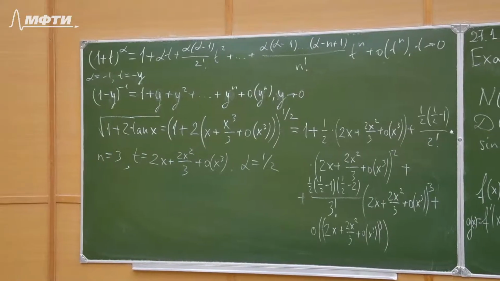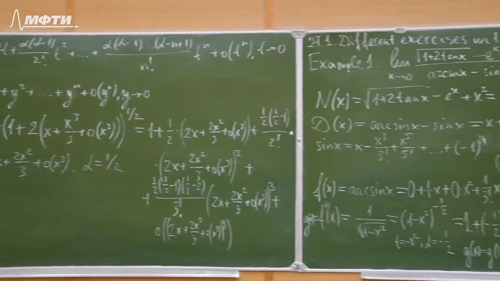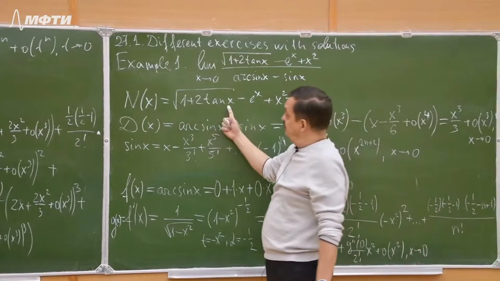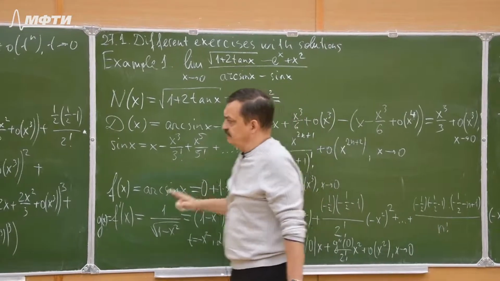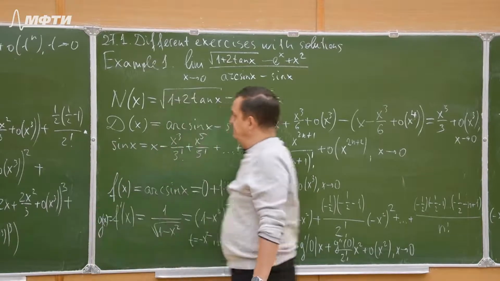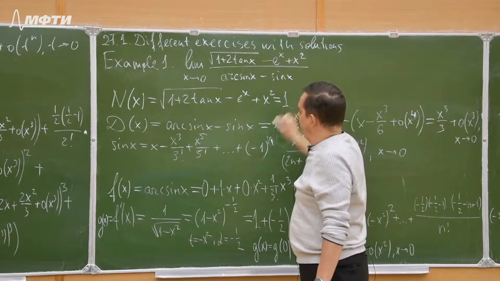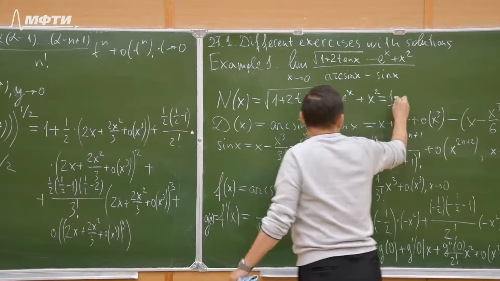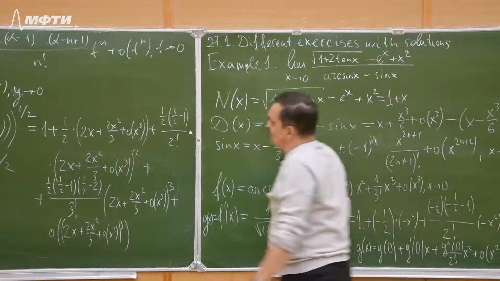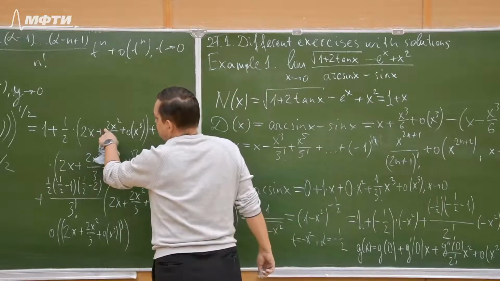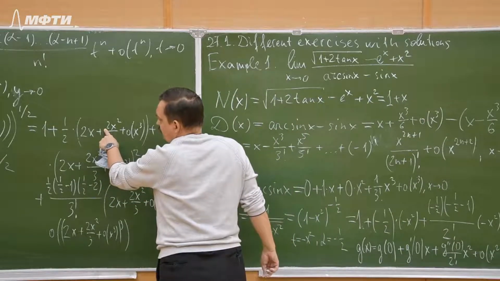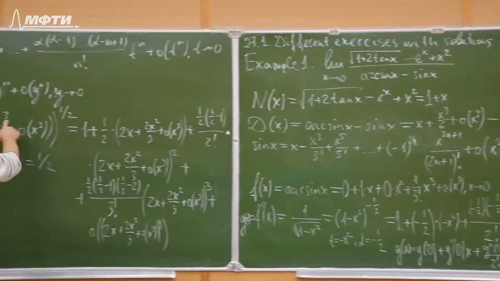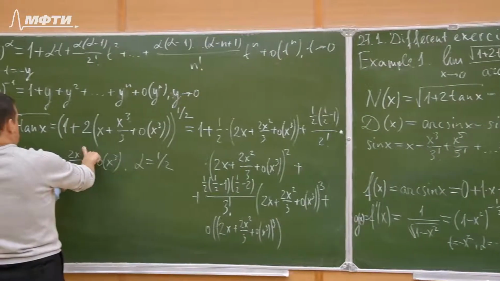come back to the expression for the numerator. So square root of 1 plus 2 tan x, right? What is written here? So let's collect now what remains. So 1 plus x, then next term is, sorry, I made a misprint. x cube is here.